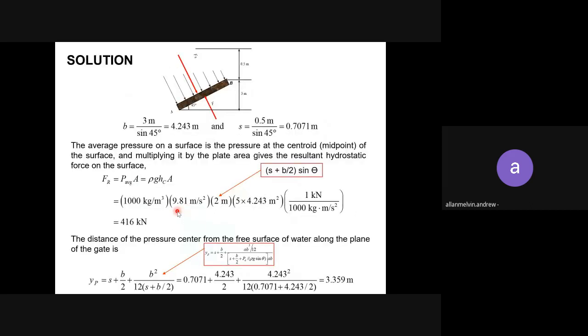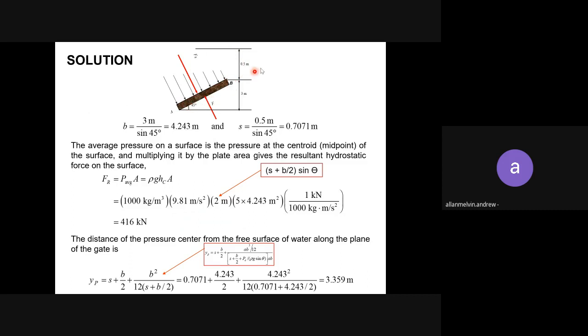So the solution. You draw the free body diagram first. From the surface, no atmospheric pressure is involved in this calculation, and the body is fully submerged. This is your S. S is not 0.5 actually, because the plate is at an angle.